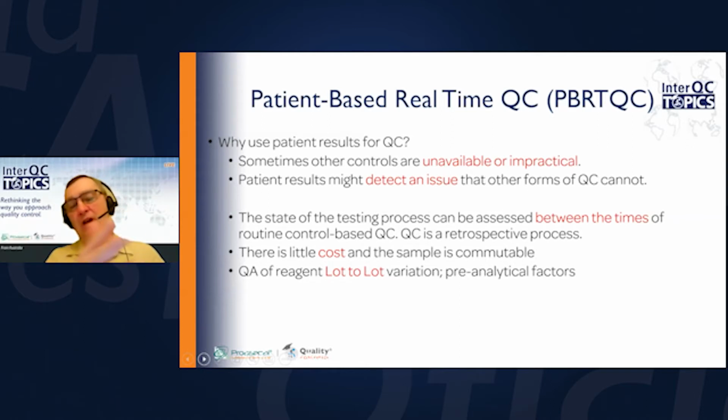Or sometimes there could be a problem with the transport of samples, either through a vacuum tube system or maybe by road transport. You can also see the same thing, that the samples are slightly more hemolyzed, the glucose is a little bit lower or whatever. So you can pick up those sorts of variations in patient results too, if you collect enough information about the patient sample. So patient-based real-time QC can pick up some pre-analytical errors.